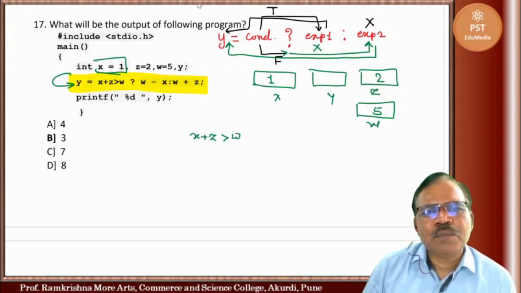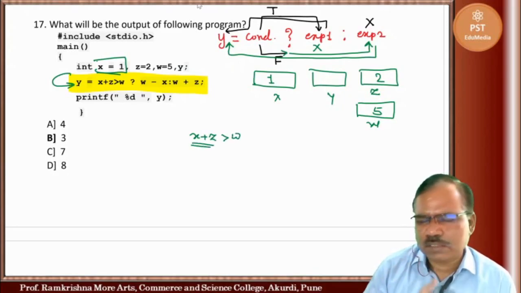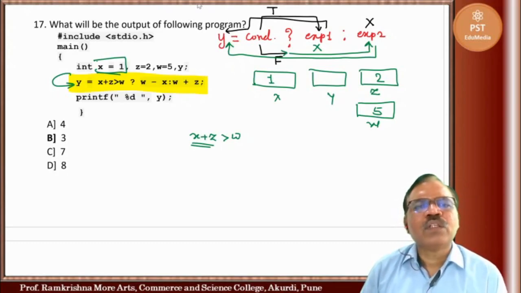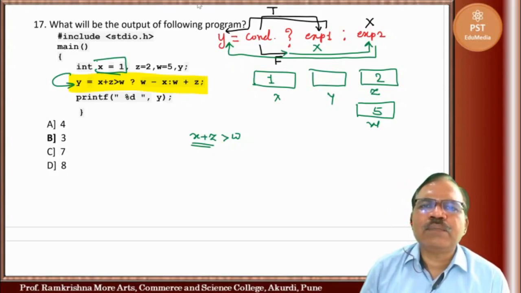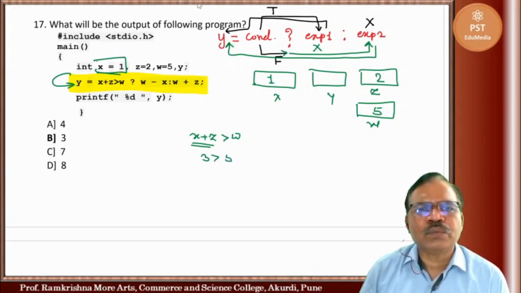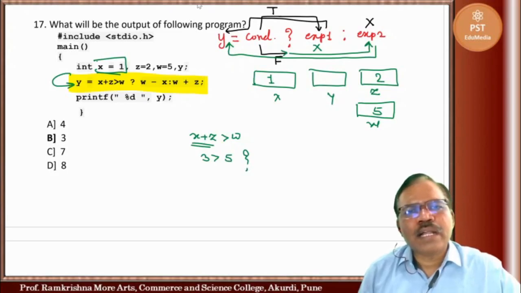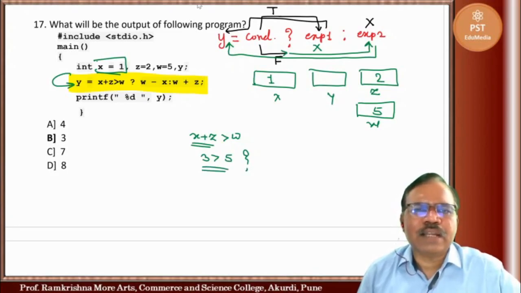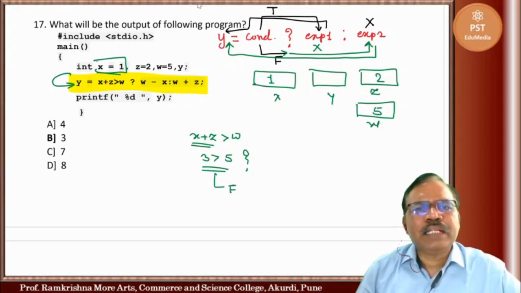So what happens here? First arithmetic operators will be evaluated. First X plus Z will be calculated. What is X plus Z? It is 3. Greater than W, W is 5. Question mark. Now the condition is 3 greater than 5. It is false. Now what is the expression here?